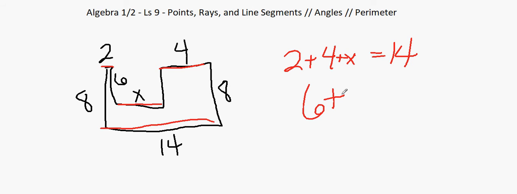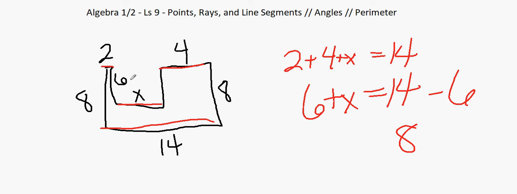So 6 plus x is 14. Therefore, x must be 14 minus 6, which is 8. So this is 8. This is the same as this. So this is 6, and you just add all of these up. You're going to end up with 56.